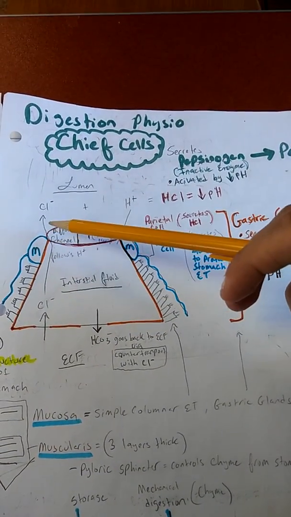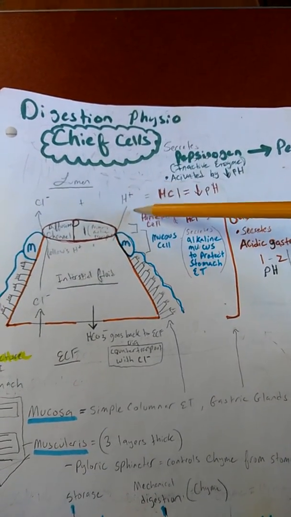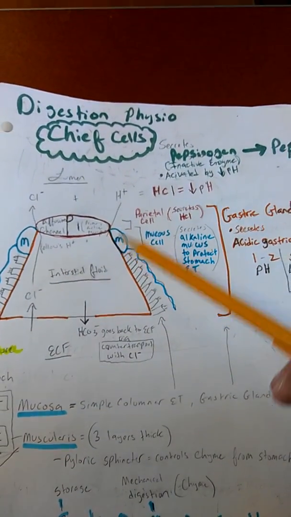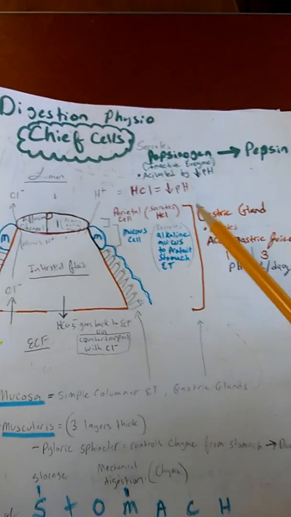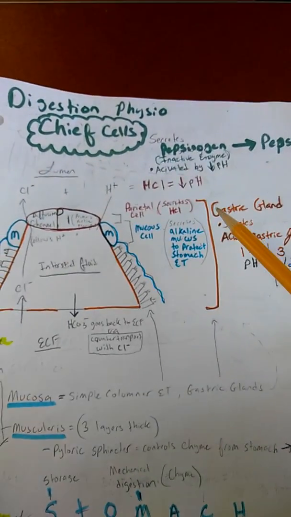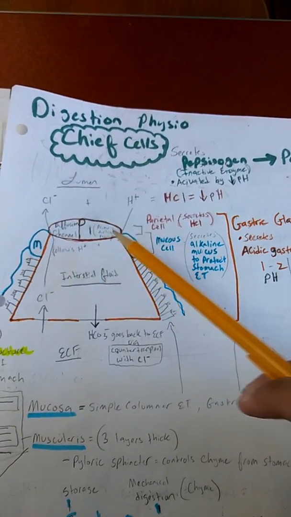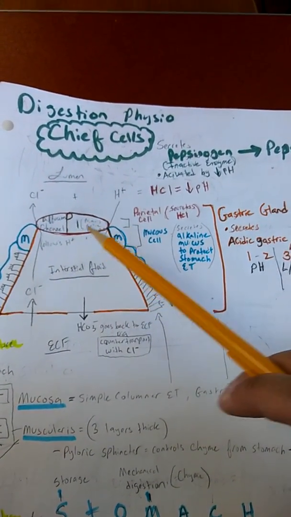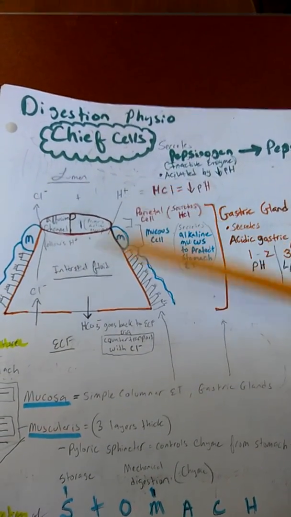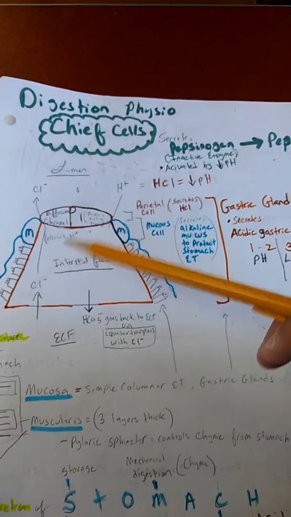Once it follows along, it'll combine with the H proton and make hydrochloric acid, which makes sense because gastric glands secrete acidic gastric juice. How do they do it specifically? They do it through parietal cells. How does the parietal cell secrete acid? It'll secrete through the H pluses, and again the Cl, chlorine, will follow along.